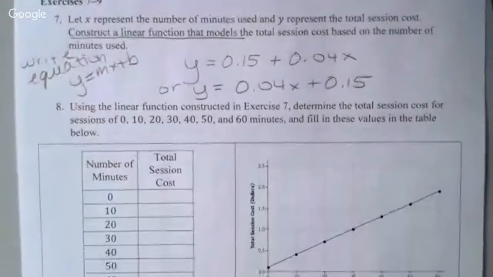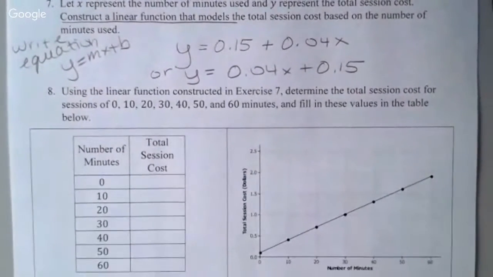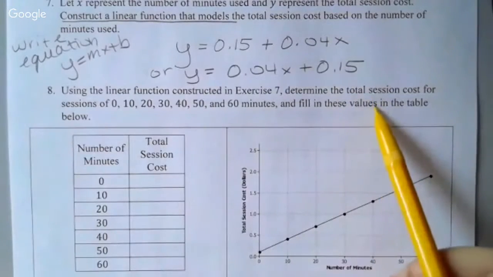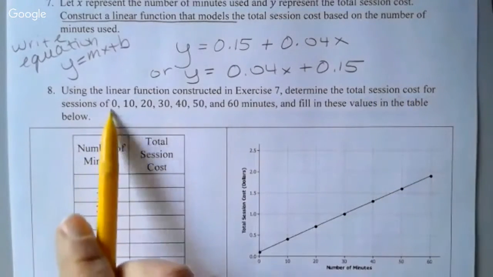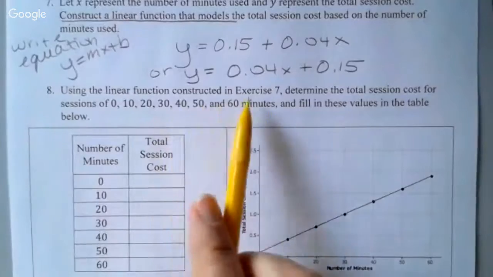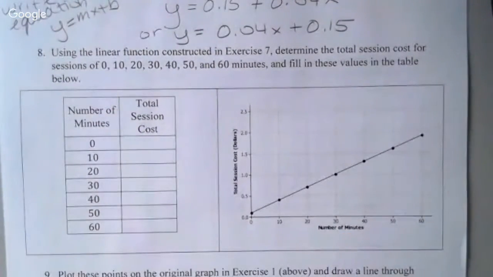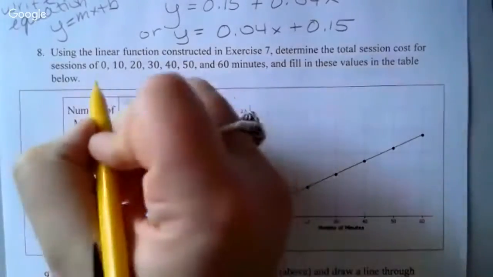So now in 8, using the linear function constructed in exercise 7, so the one we just wrote, we're going to determine the total session costs for sessions of 0, 10, 20, 30, 40, 50, and 60 minutes. And we're going to fill these values in the table below. So remember, this is just regular old substitution.